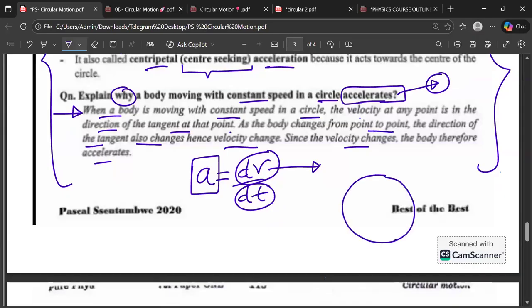Are you seeing that the direction of the tangents keep on changing? That's what they mean. Because of that change in the direction of the tangents, velocity is changing, because it's a vector quantity and change in direction changes it. So a change in velocity simply signifies a change in what? In acceleration.